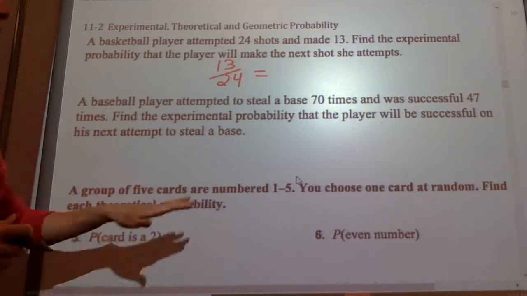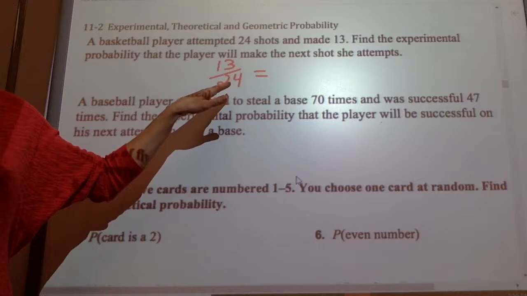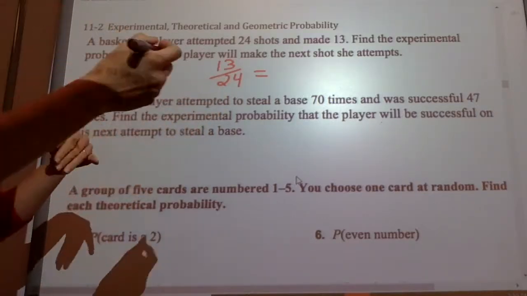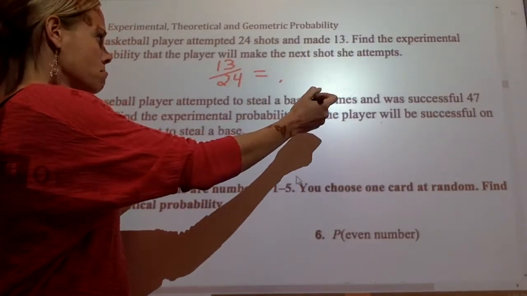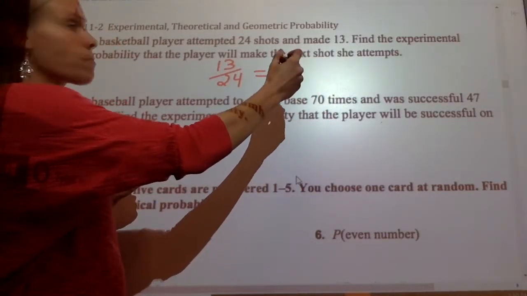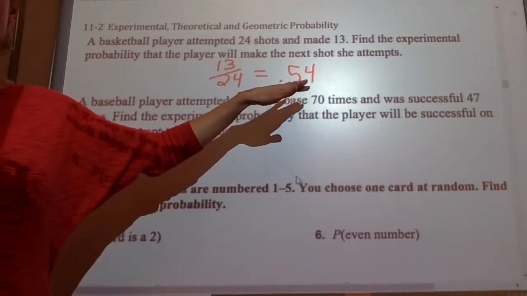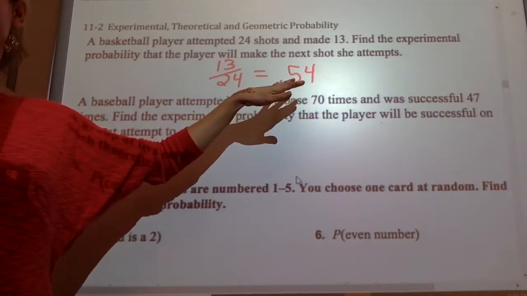And the reason I say that is because if you tell somebody they have a 13 out of 24 chance, that doesn't make a lot of sense. But when you give them the percent, what's the percent? Point what? 0.542. So if you tell someone they have a 54% chance of making the next shot, that just means more.